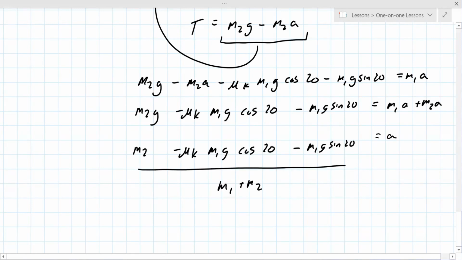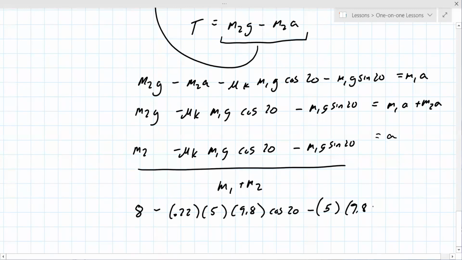Now keep in mind, you could have put these numbers in all along. You'll probably do that on the test, but in higher level physics, you don't put the numbers in until the end. So we've got a equals m2 minus mu k m1g cosine 20 minus m1g sine 20, and we divide this all by m1 plus m2.